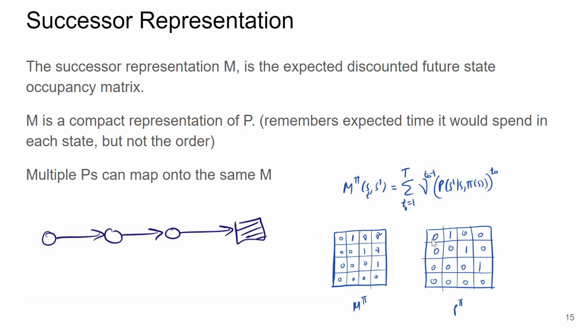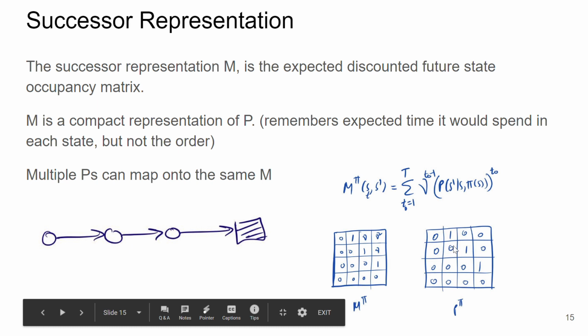Because if you're in state S0, you have a probability of 1 to transition to S1 and 0 everywhere else. And if you're in S1, you have a probability 1 to transition into S2 and so on. So M pi is kind of compiling the information of your environment into another matrix.